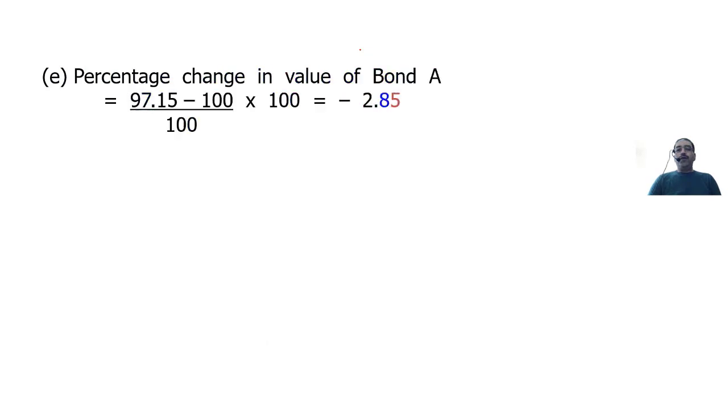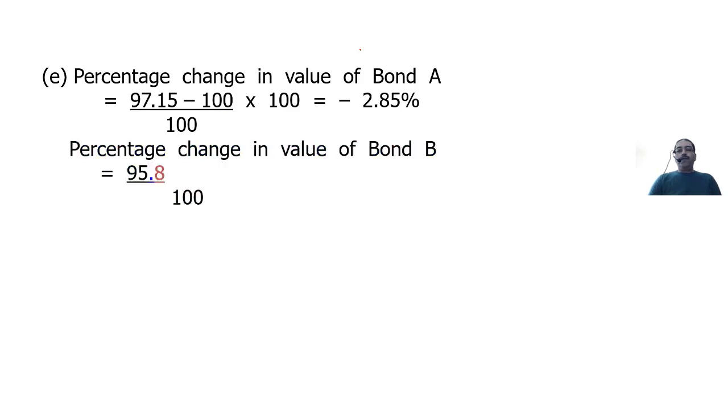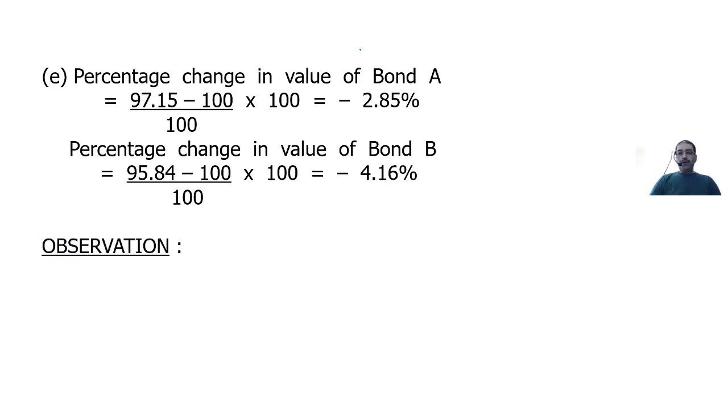Percentage change in value of bond A: 97.15 minus 100 upon 100, minus 2.85%. Bond B: 95.84 minus 100 upon 100 into 100 for percentage, minus 4.16%. So from the bond theorem, the bond having greater maturity value, longer term to maturity, has a higher price change as compared to a bond having a short term maturity.